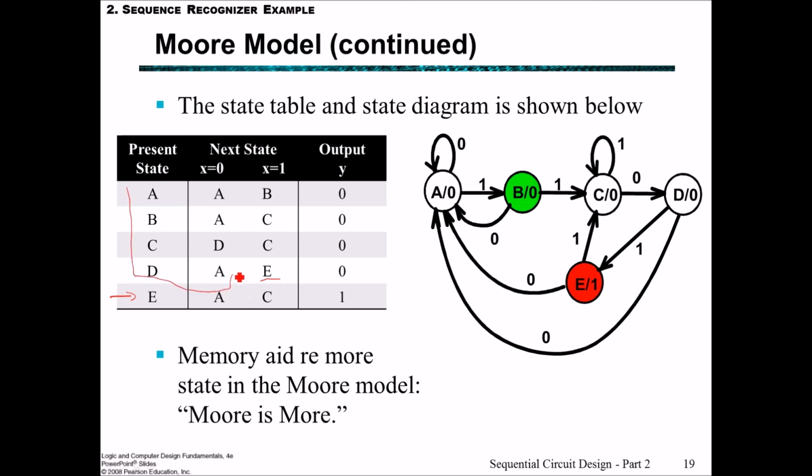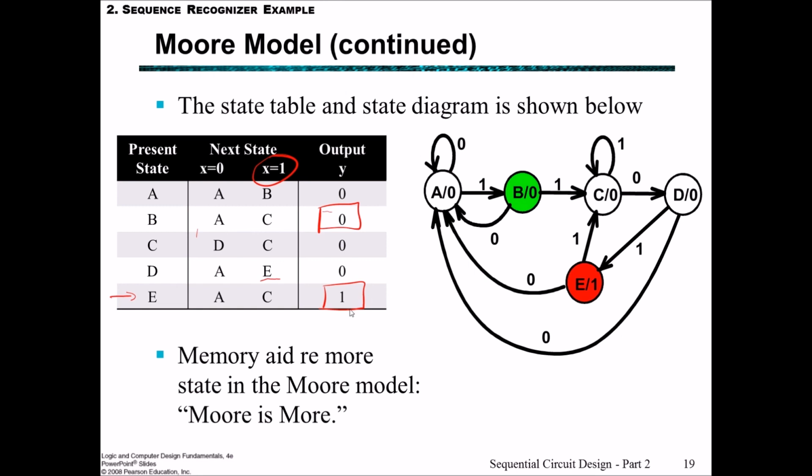All of the present state, next state combinations are the same, and it's only when we get to state D and we get an input of 1, x equaling 1, like this, then we move to state E, where before we moved to state B. And then when we're in state E, you notice that the next state is the same as B. This next state here is the same as the next state for E, given an input of 0 or 1, and the difference, of course, is the output. For B, the output is definitely 0, and for E, the output is definitely 1.